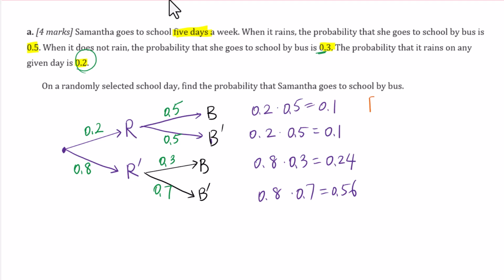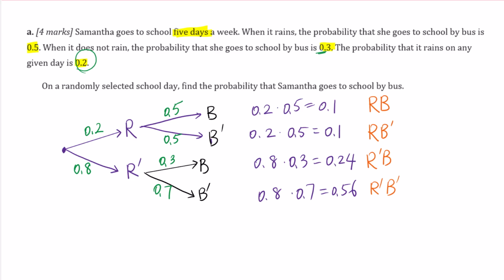Label raining day and go to school by bus. Raining day, go to school not by bus. Not raining day, go to school by bus. Not raining day, go to school not by bus.